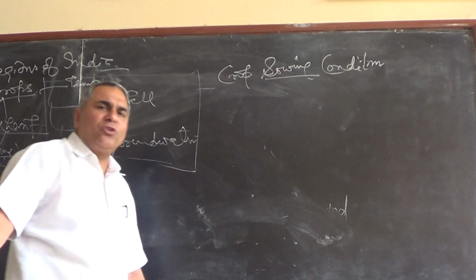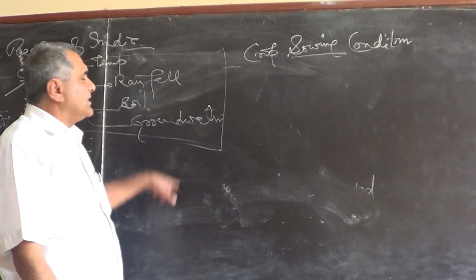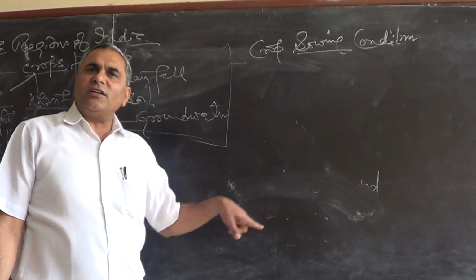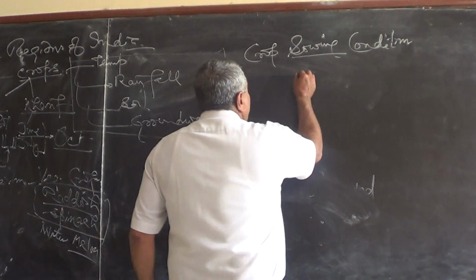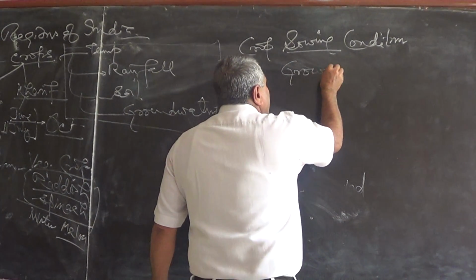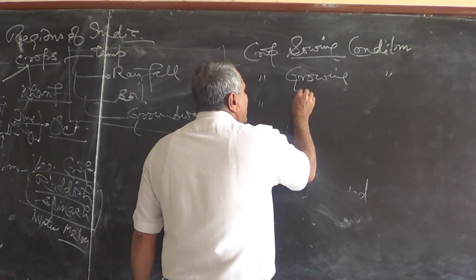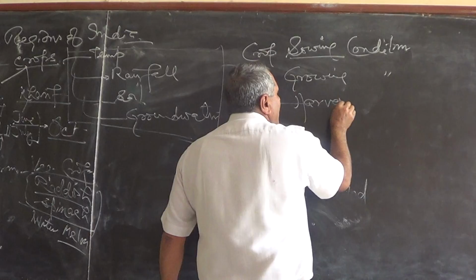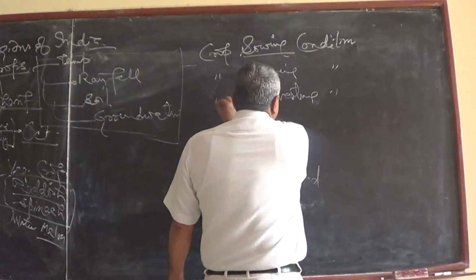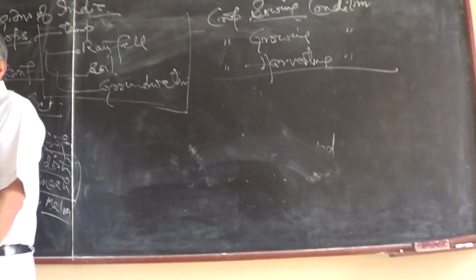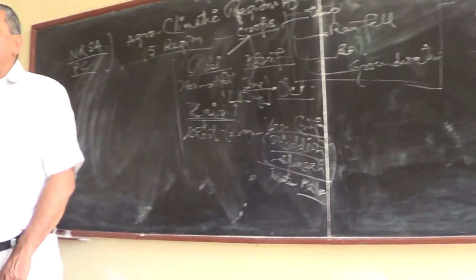At the time of sowing, crop requires different conditions, different temperature, different soil moisture. Crop growing conditions, and crop harvesting conditions. Like wheat, at the time of sowing it requires moderate temperature.